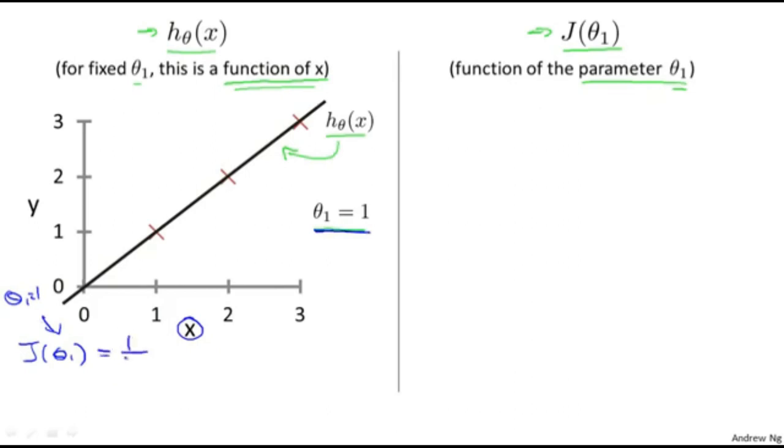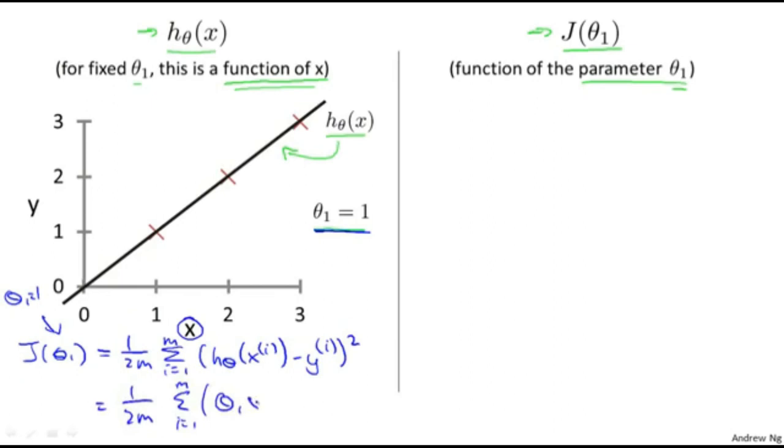Well, as usual, my cost function is defined as the sum over my training set of this usual squared error term, which is therefore equal to the sum of theta 1 x i minus y i, squared. And if you simplify, this turns out to be 0 squared plus 0 squared plus 0 squared, which is, of course, just equal to 0.